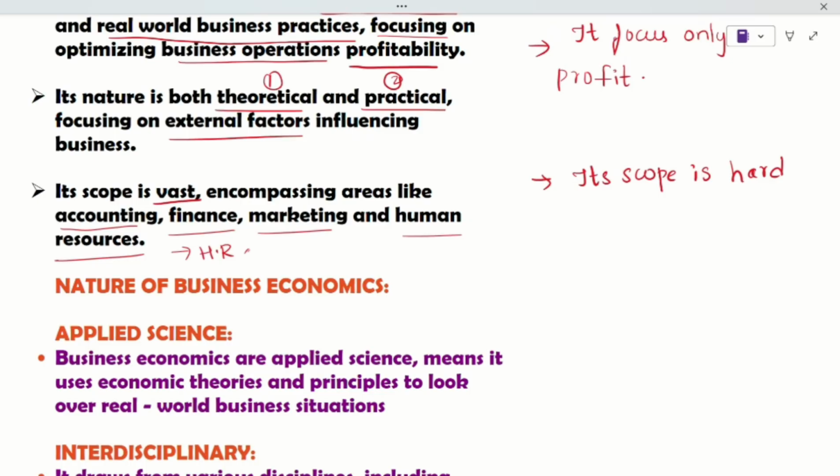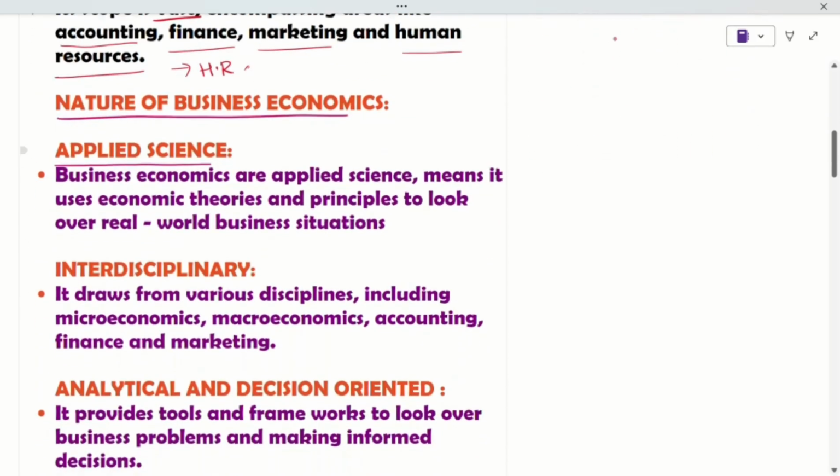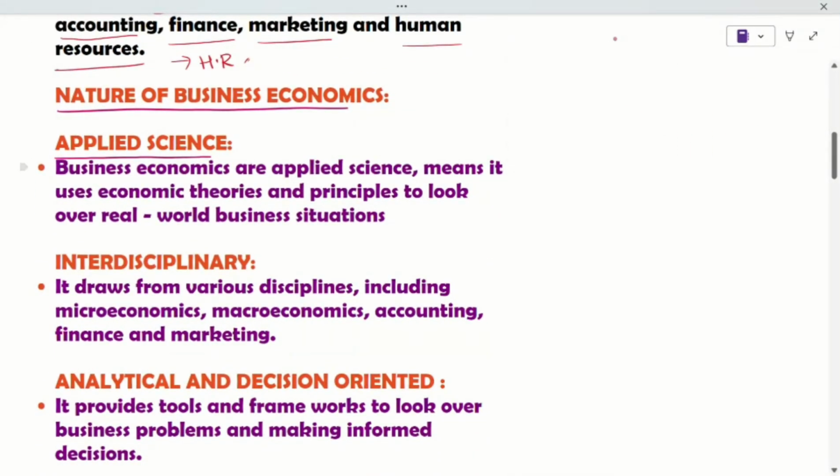And interdisciplinary: it integrates insights from various disciplines including macroeconomics, accounting, microeconomics, finance, and marketing. It integrates the situations of microeconomics mainly and macroeconomics.